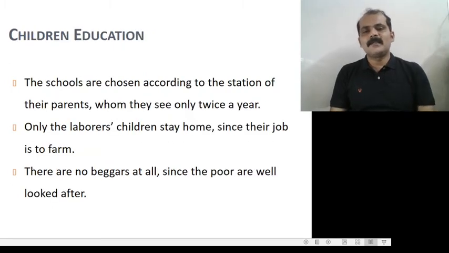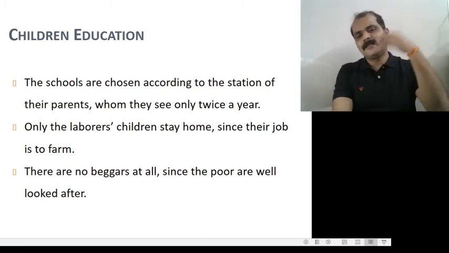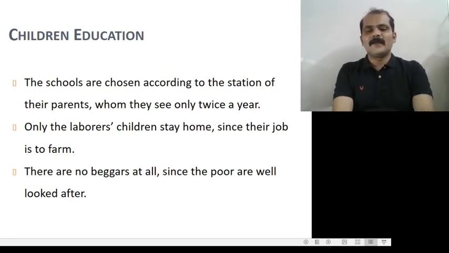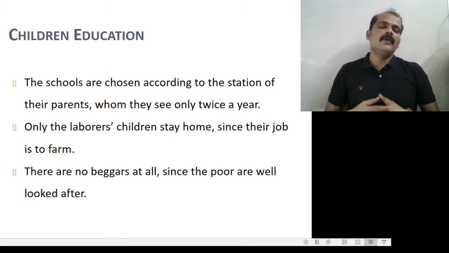Let us look at the children's education, how it will be. Gulliver explains in detail in chapter 6. The schools are chosen according to the station of their parents, whom they see only twice a year. In the previous slide, it is told that when a child is born, at a young age itself, they are sent to the schools and live there.